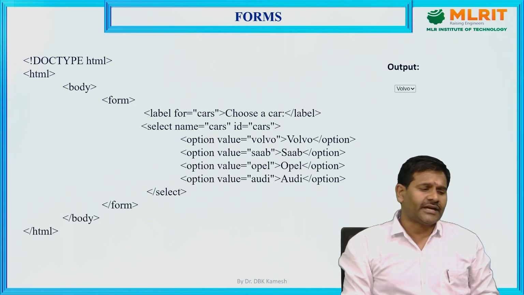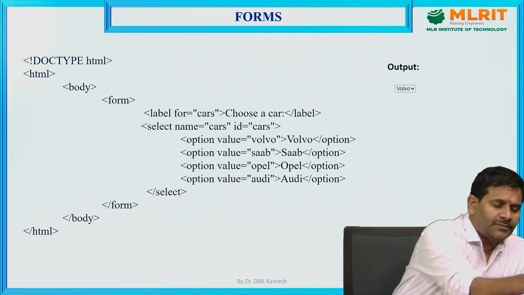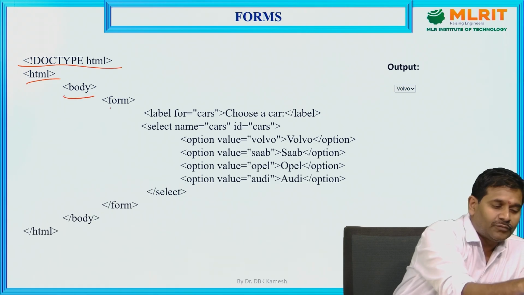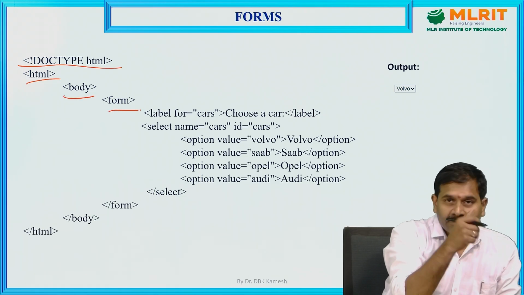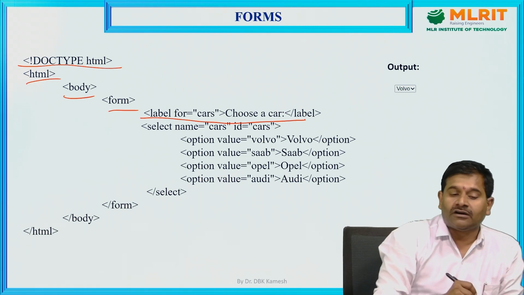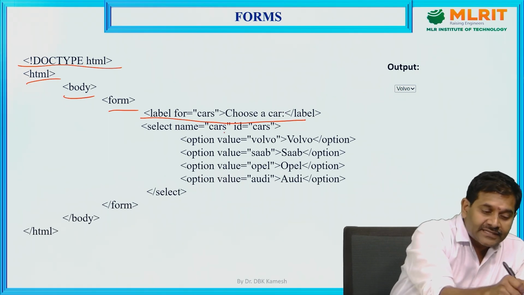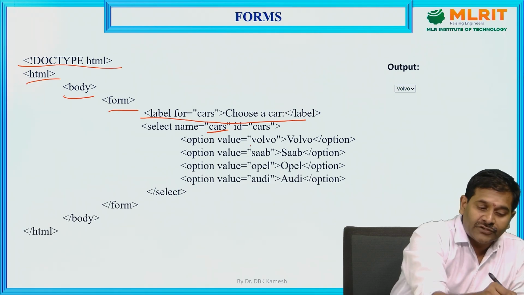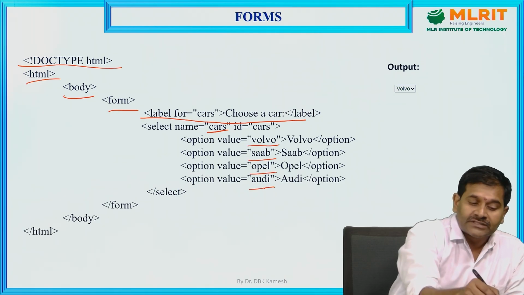Let's see what it looks like. In the same previous example we showed a document type HTML, body, and after body, inside the form, the label for cars, choose a car, right? Inside, select cars, then ID cars, then option value Volvo, Saab, Opel, Audi, right? These are the names.